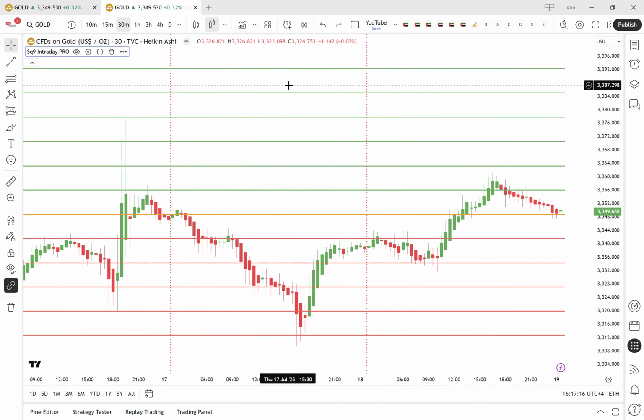Okay, please do not use the gold in Indian market MCX or something of that particular sort. These levels are customized only for gold international spot, and it is working on the spot market, not in the futures market. So these are the things to be remembered while applying this particular intraday indicator.